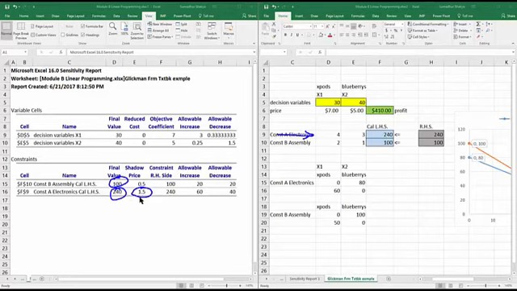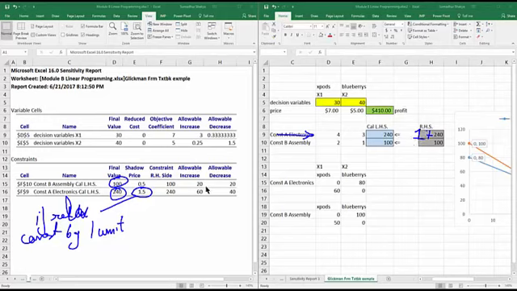Now, what 1.5 means is that this is the amount if we were to relax our constraint by 1 unit, which means if we were to go from 240 to 241, so if you were to get one more hour for the electronics department, then our objective function improves by the shadow price amount.